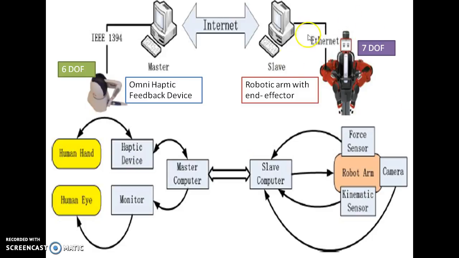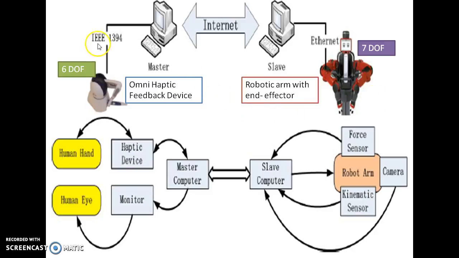At the same time, there is also another external sensor attached to the robotic arm for sensing purposes. The basic concept is that the omni haptic feedback device will act as the master to command the slave and provide the interface to interact with humans.